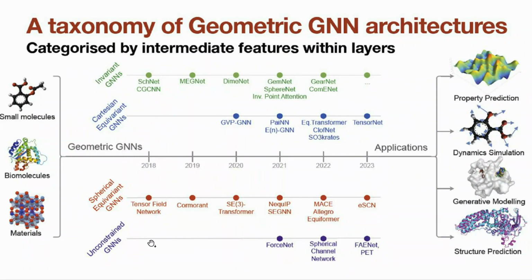More recently, there are proposals to come up with unconstrained GNNs that are able to capture the equivariance and invariance in a more flexible way. And that could lead to maybe better generalization or expressiveness. But today, we're going to mostly focus on the first line of work, which we call invariant GNNs or invariant geometric deep learning architectures. And we'll go into why they can keep the invariance with these architecture designs.